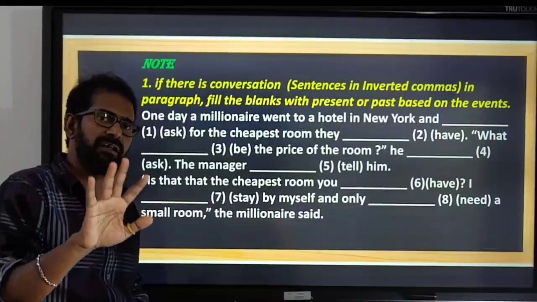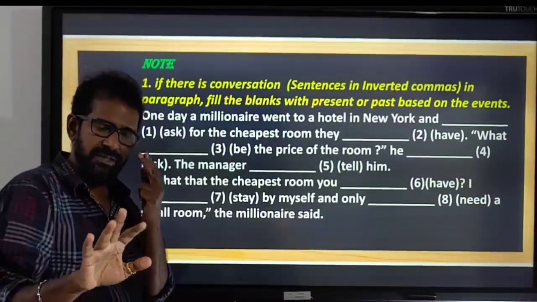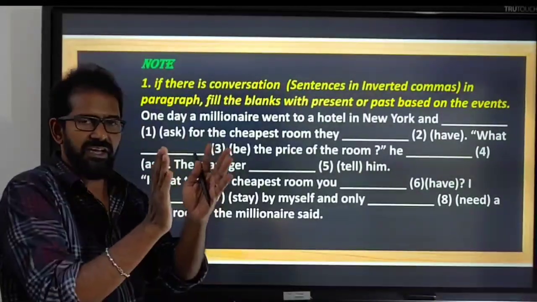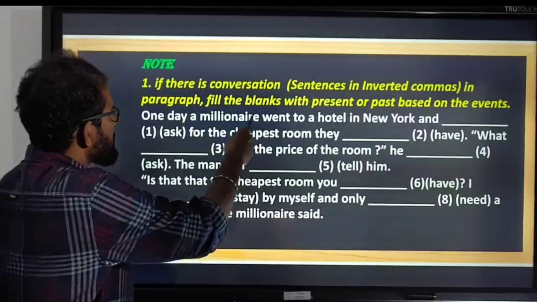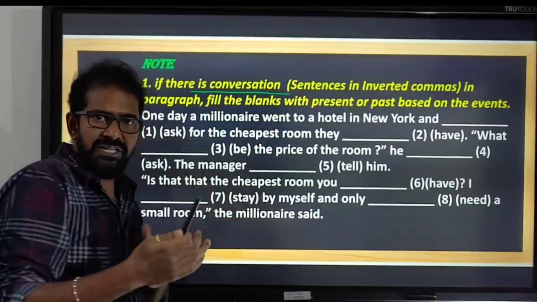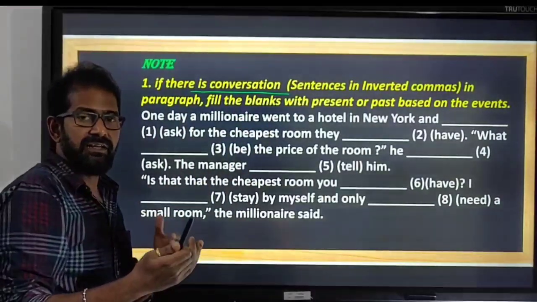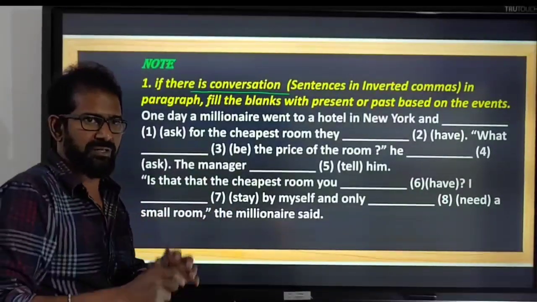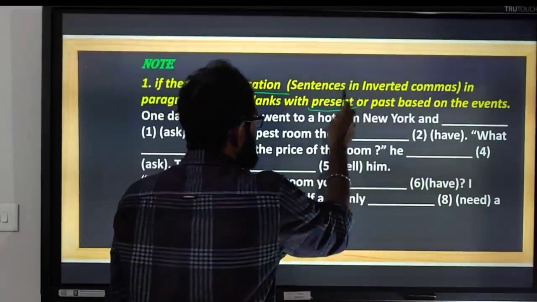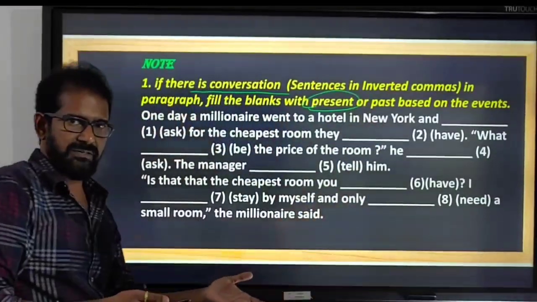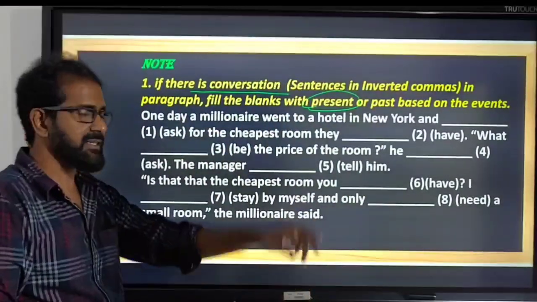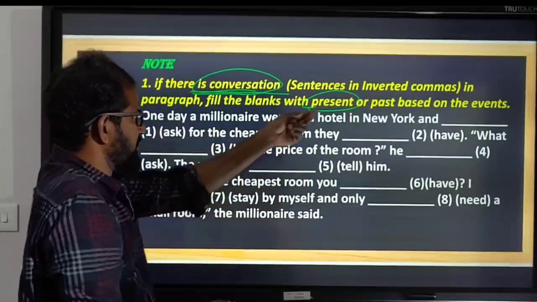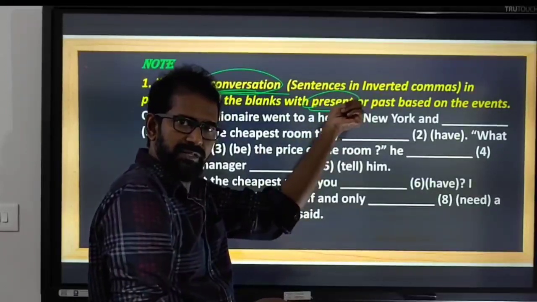Even though the given paragraph is expressed in past tense, if there are some quotations or a conversation, then we need to use present or past based on the situation. Most of the times we use present, even though the paragraph is given in the past. Being a conversation, we need to fill the blanks with the present.